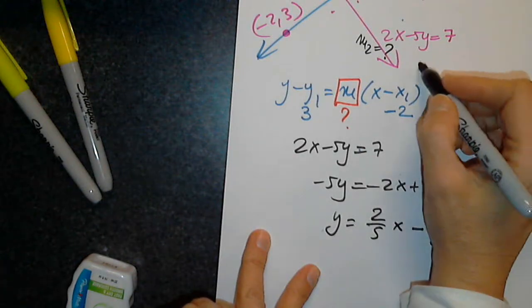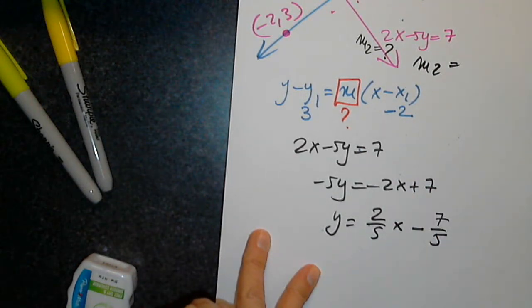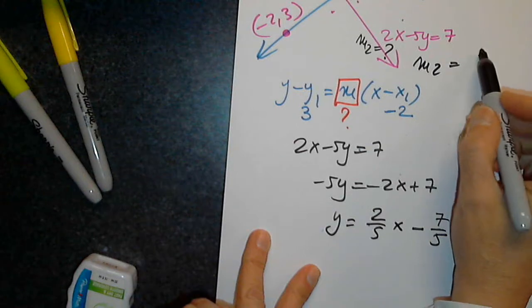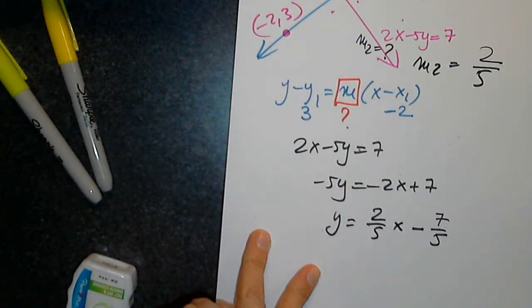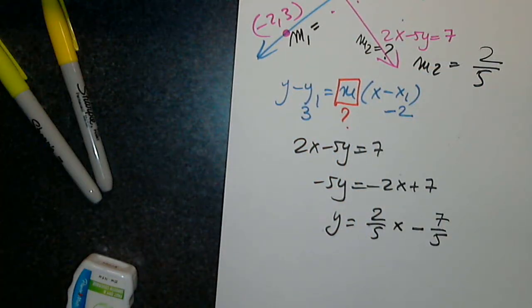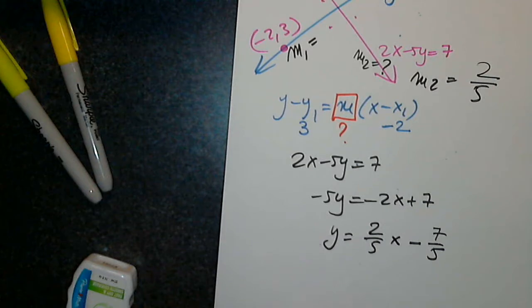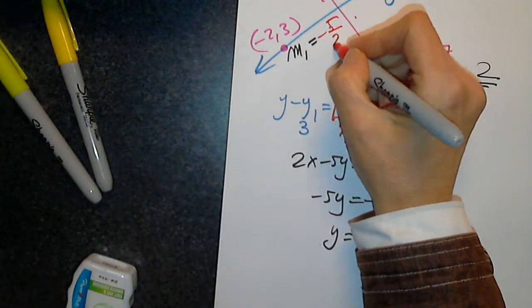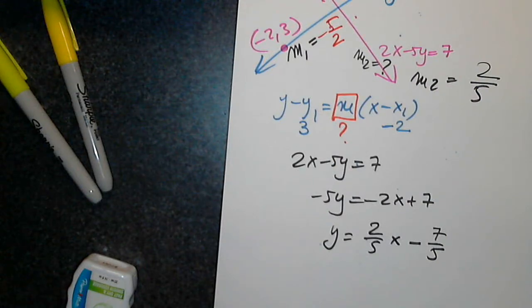So now I have M2. M2 is? Do you all agree with 2/5 for M2? Now, what I'm really interested in is M1. I don't care about M2. Negative 5/2, very good, awesome. The negative reciprocal of the known one. That's all I need.